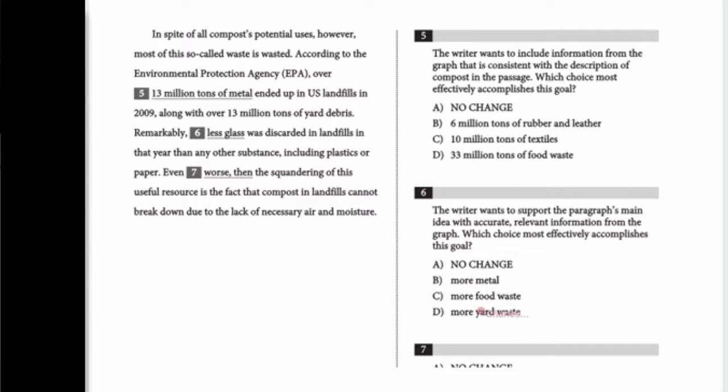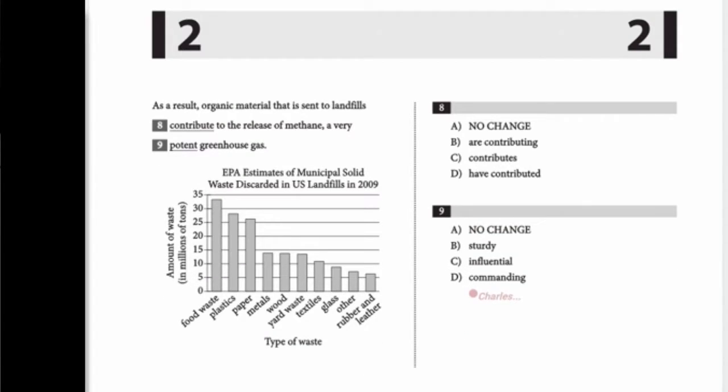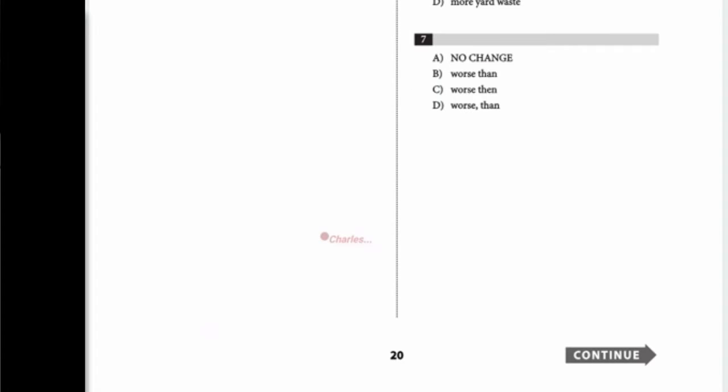So we wouldn't care about glass or metal. We care about C or D, food or yard waste. So which one was discarded more than any other substance? It looks like food waste was the largest amount of substance discarded in the landfills. Yard waste was less than plastics and paper.